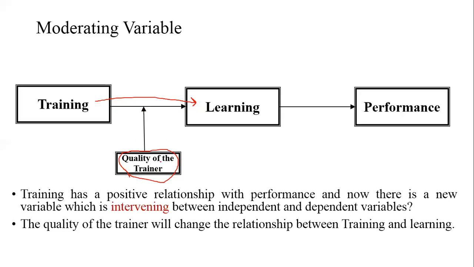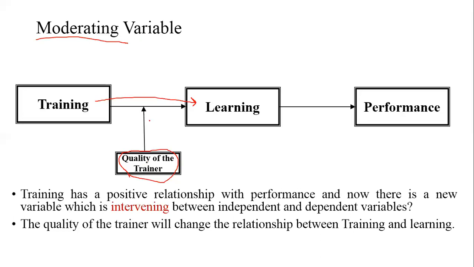These kinds of variables are known as moderating variables. Because just by their presence or absence, the relationship between independent and dependent variables changes. So such variables are known as moderating variables.